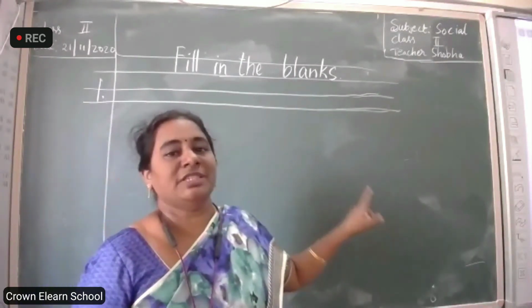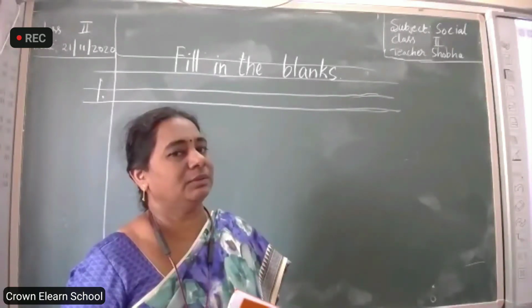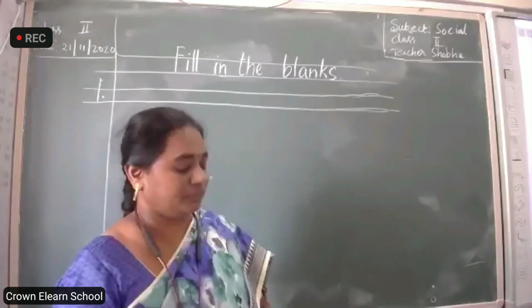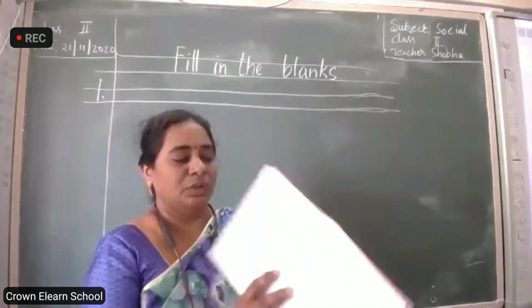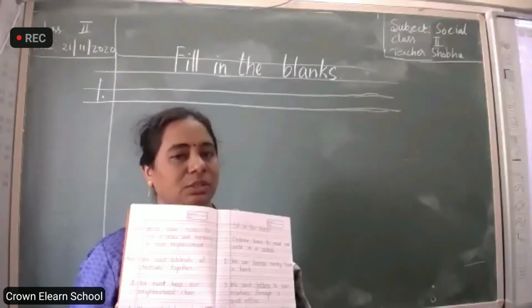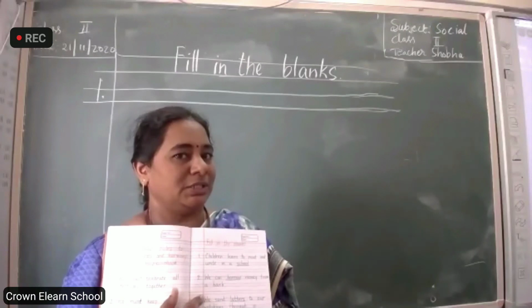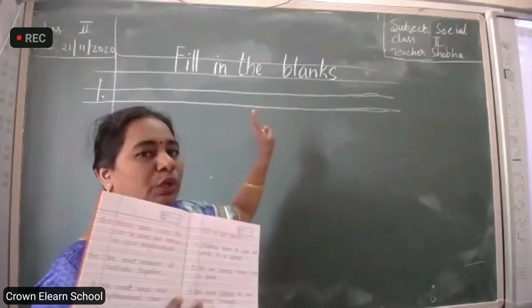So I request the children, take your classwork, pencil, eraser, take a fresh page and start writing the fill in the blanks, okay? Yesterday we completed up to 10 questions and answers. So take a fresh page. I have already written the heading.